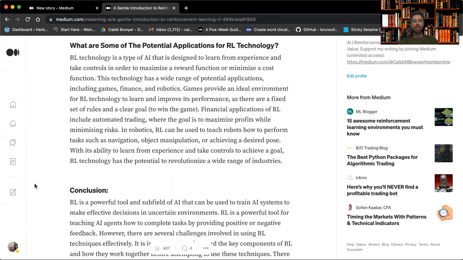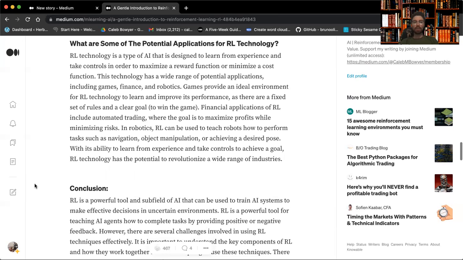RL technology is a type of AI that is designed to learn from experience and take controls in order to maximize a reward function or minimize a cost function. This technology has a wide range of potential applications, including games, finance, and robotics. Games provide an ideal environment for RL technology to learn and improve its performance, as there are a fixed set of rules and a clear goal to win the game.